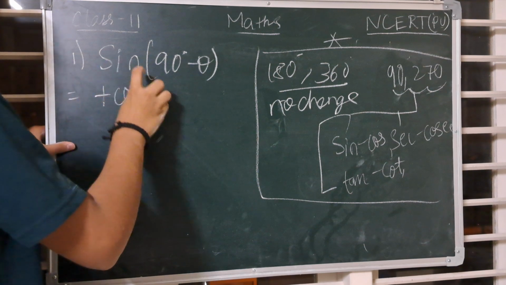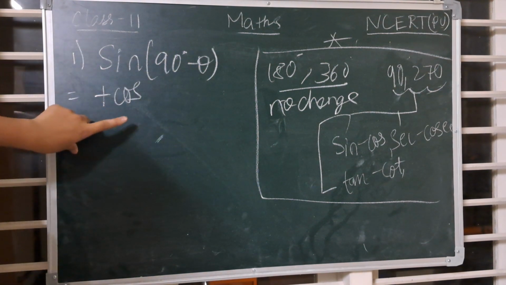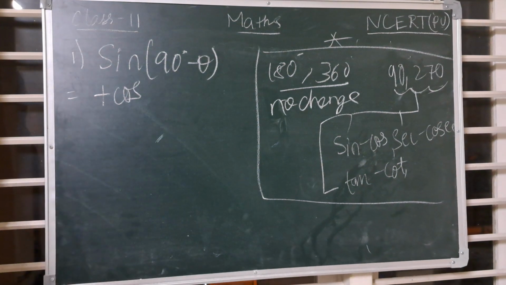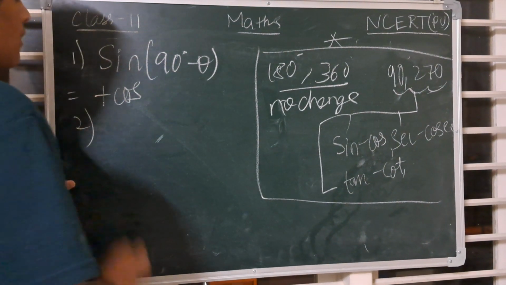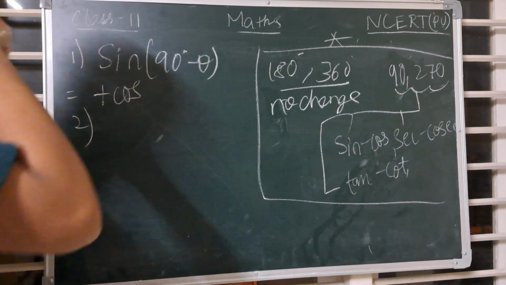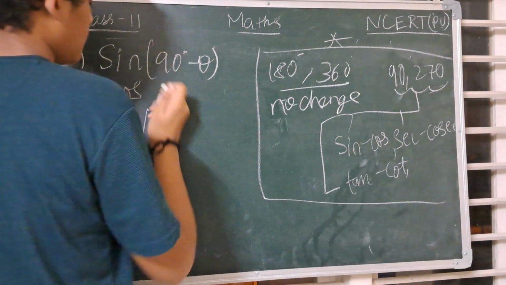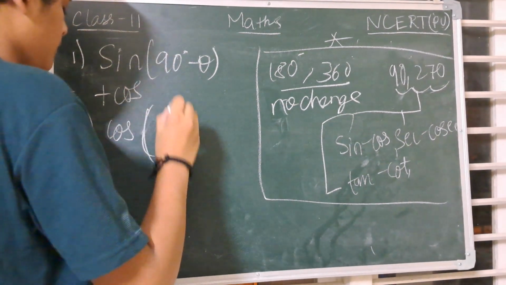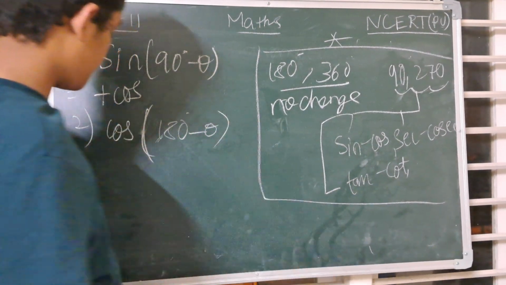So the answer for sine of 90 minus theta will be plus cos theta. Now cos of 180 minus theta.